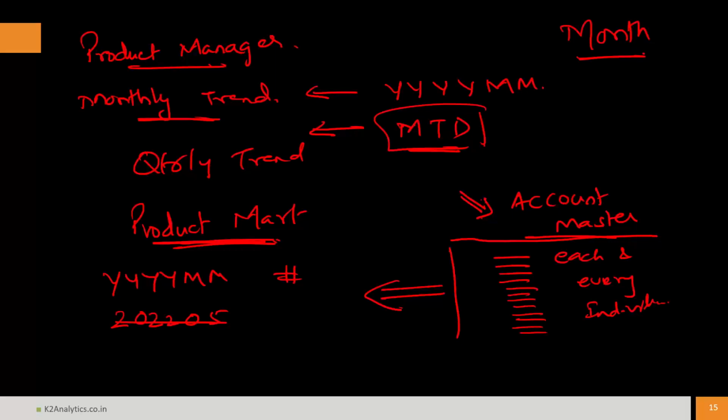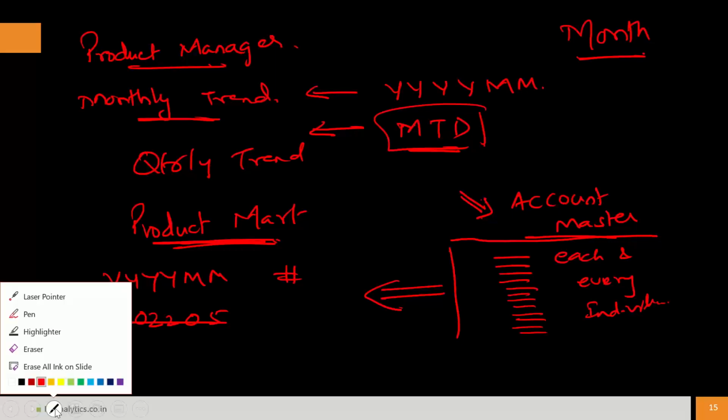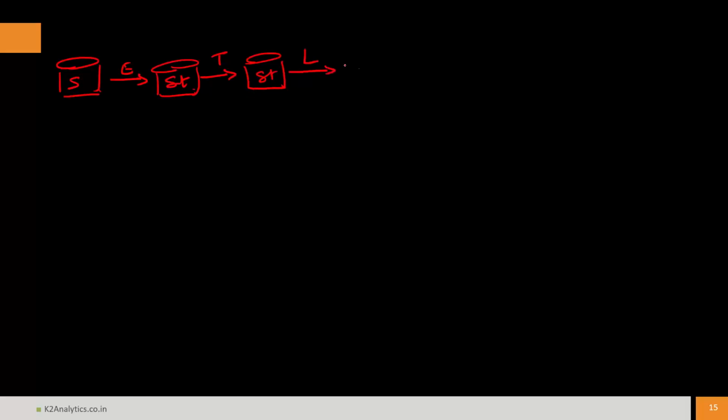So the approach would be, this is source, you do the extract, you put it in the staging area. There are certain new variables to be created which you will apply as transformations, and those transformations again you may put in another staging table only, and from that staging area you will load and push data in the warehouse.